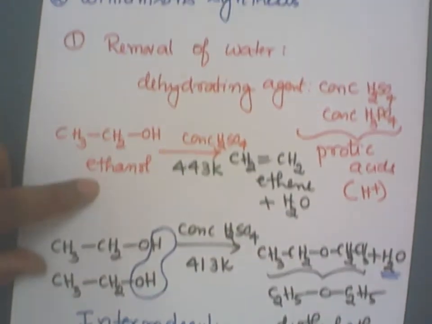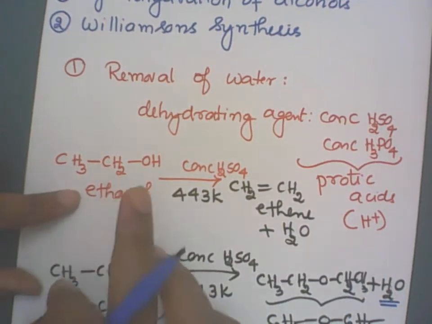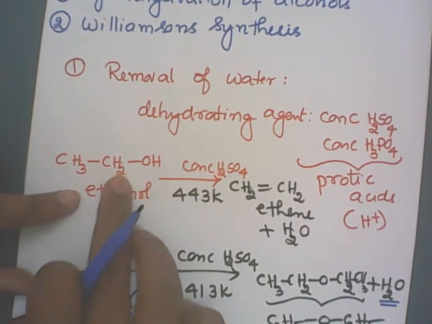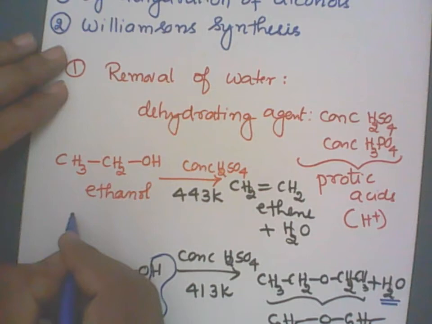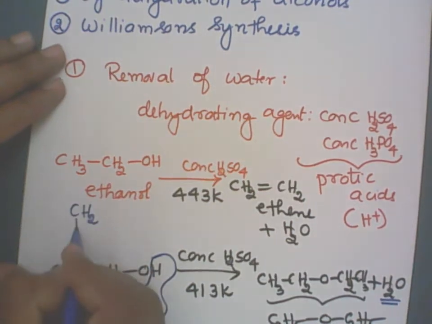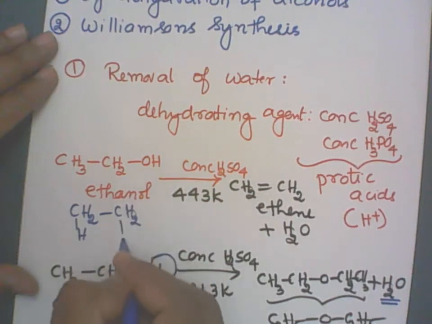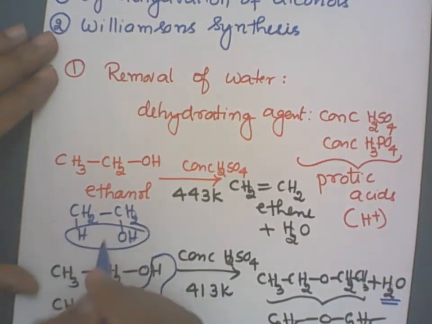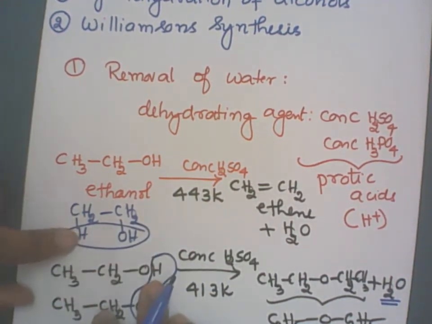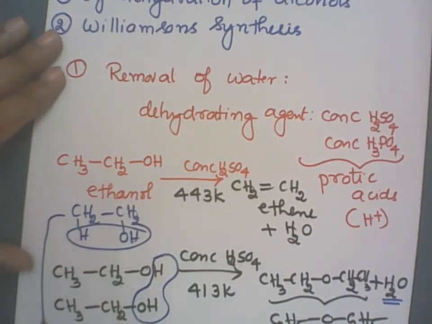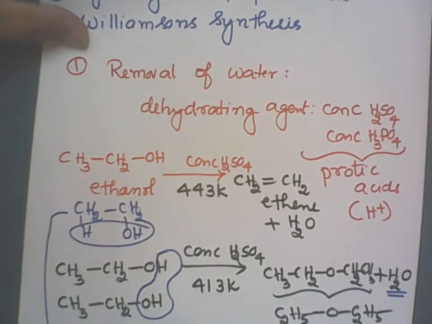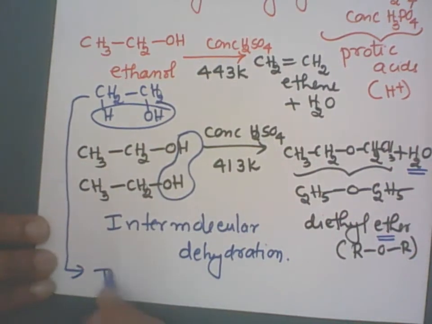Now, here we have water removed from the same molecule. Only one molecule is required. You remember I used to write this one in the previous video, CH3CH2OH. So the water molecule is removed from the same molecule, and this kind of dehydration is called intramolecular dehydration.